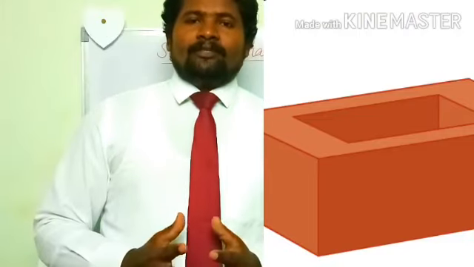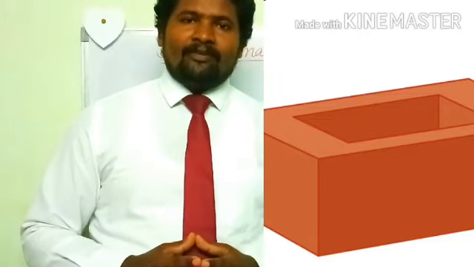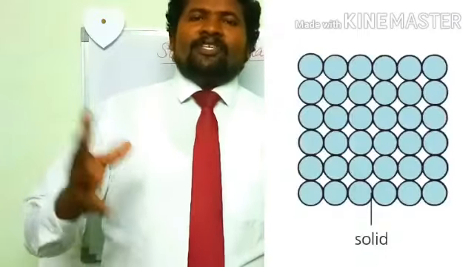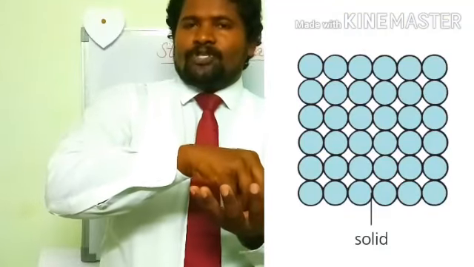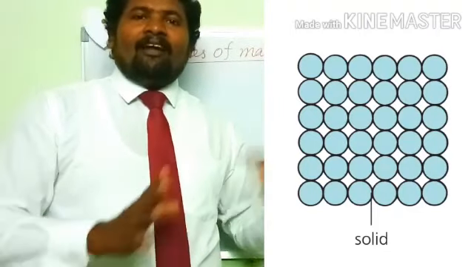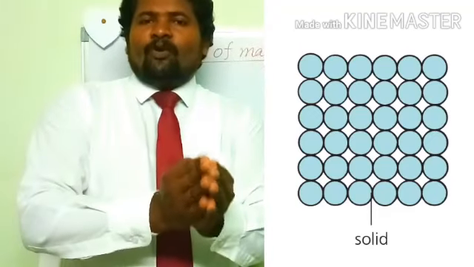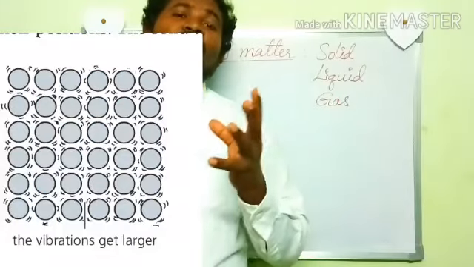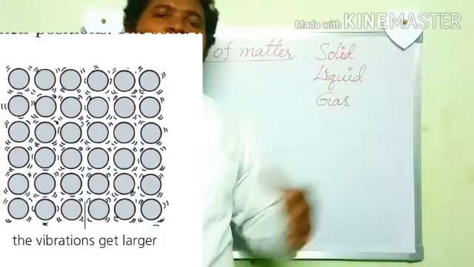All the particles are arranged in a regular manner, and each and every particle is situated at its particular position, and particles are not moving from their position. Those particles are just vibrating in their position.